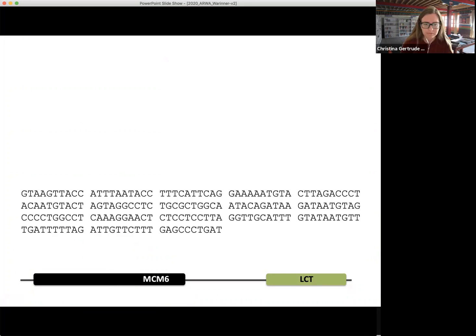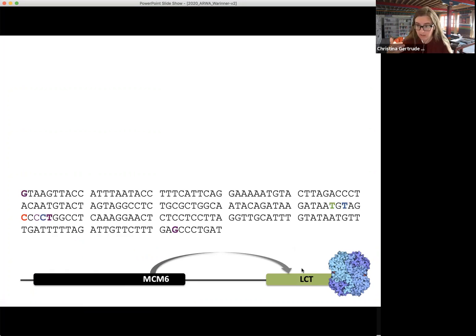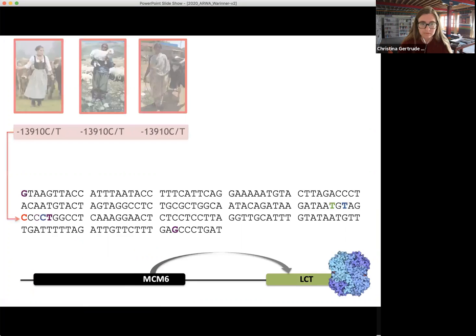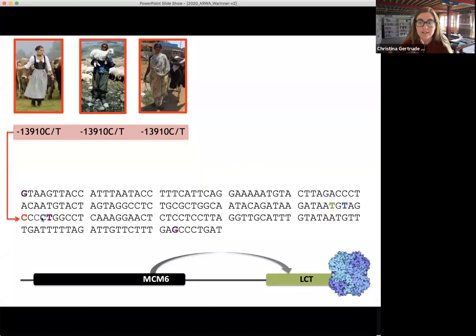Now, it's been known for some time that this regulatory region actually has a number of mutations. And we know that, for example, if you have a mutation here or here, then you just produce lactase as if you were an infant for your whole life. These mutations here cause the same phenotype. And these ones here are common in European populations, Anatolian populations, and Iranian populations, and also in South Asian populations.